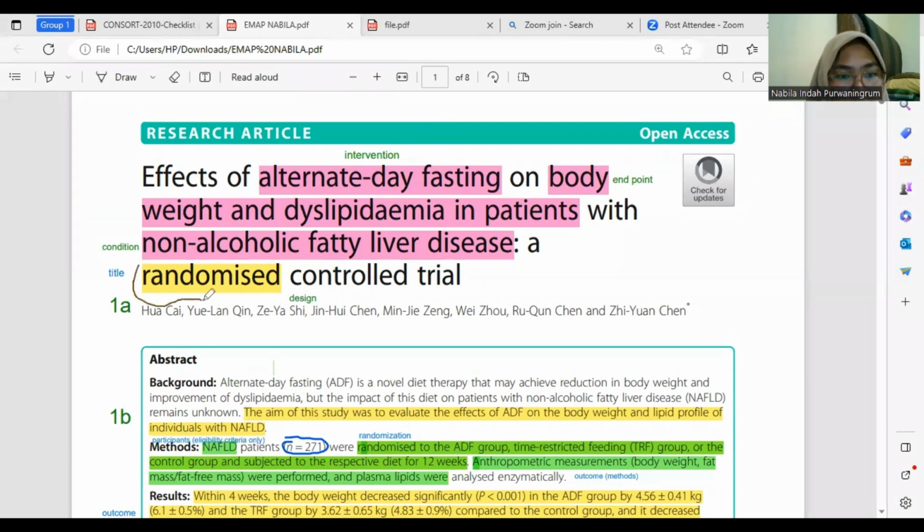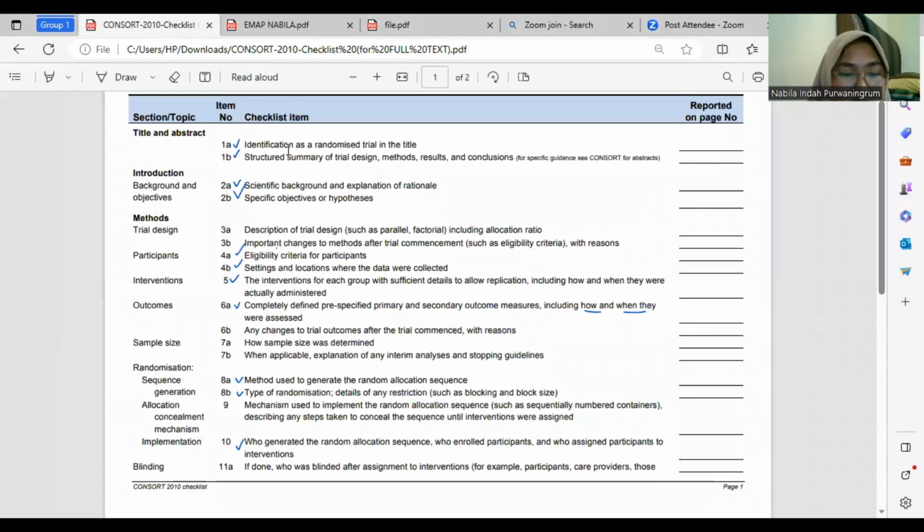Okay, we have randomized here. 1A is checked. And then the 1B, the structured summary of trial design, including method, result, and conclusion.